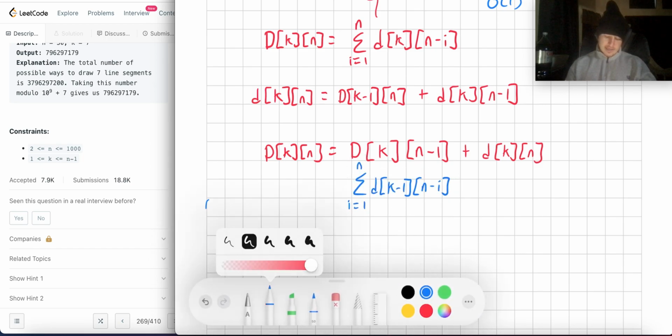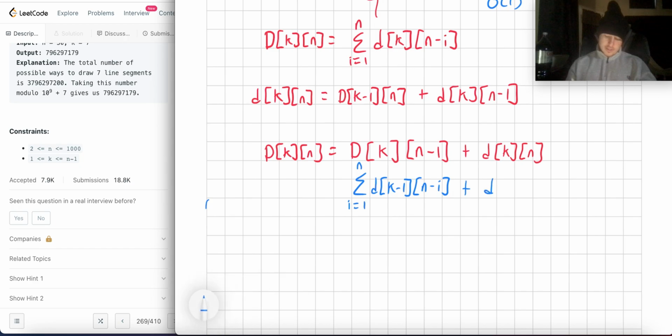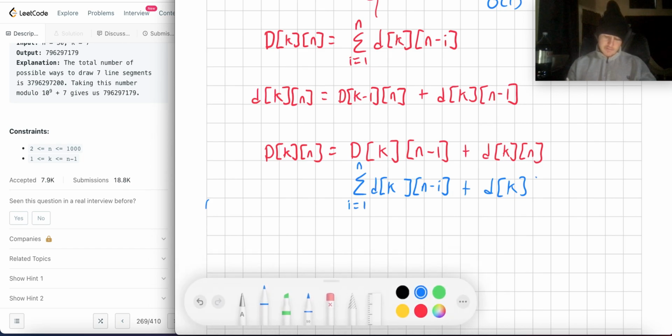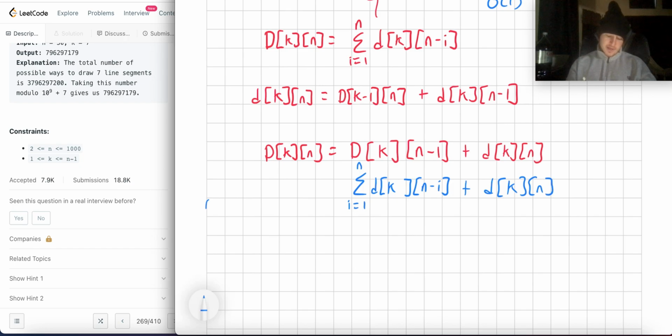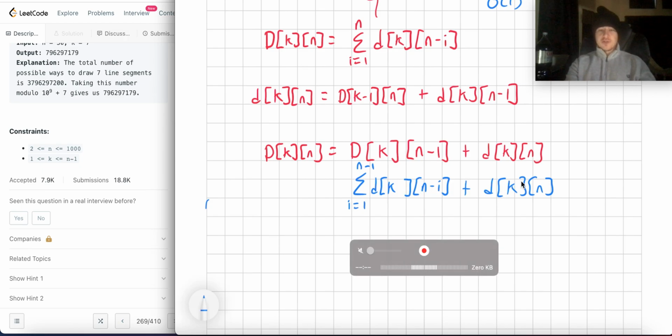And we're adding in dk of n. And since this is n minus 1, this would be n minus 1 here. So then we're just adding in this final term.